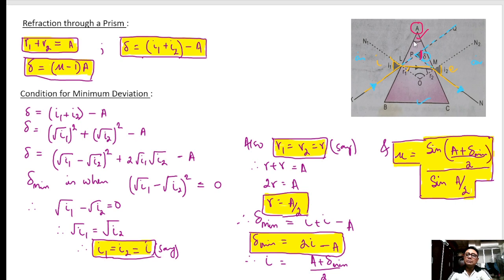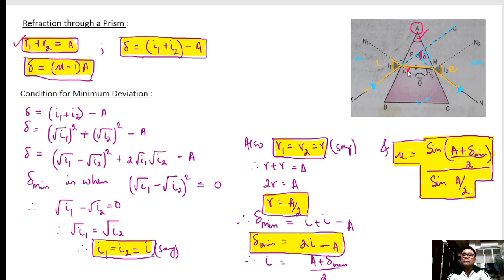So keeping this in mind, there are certain relations which you have to just remember. You don't have to derive any of these relations. You just have to remember how these particular variables are related to each other. So first of all, R1 plus R2 should be equal to A. Where is R1?